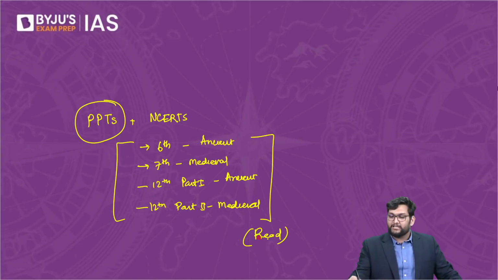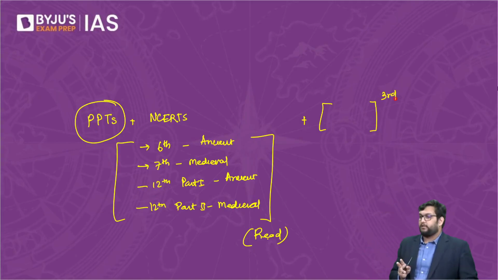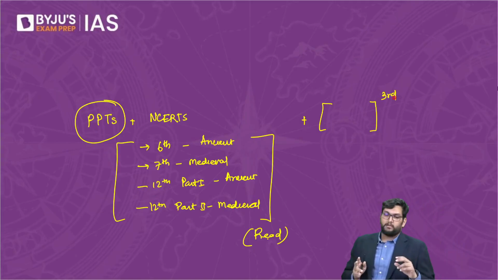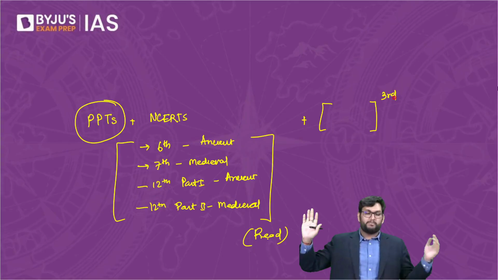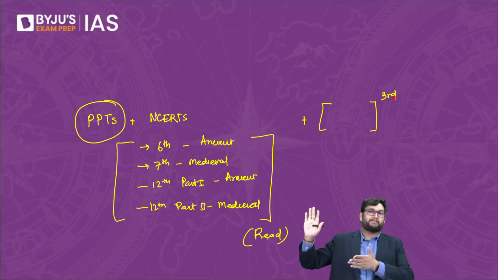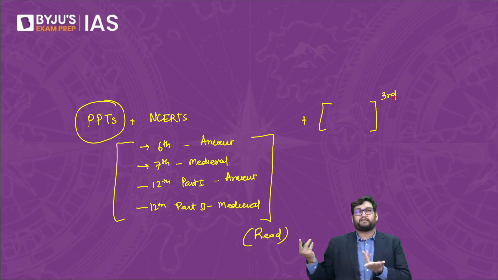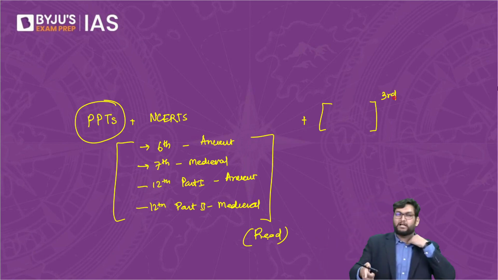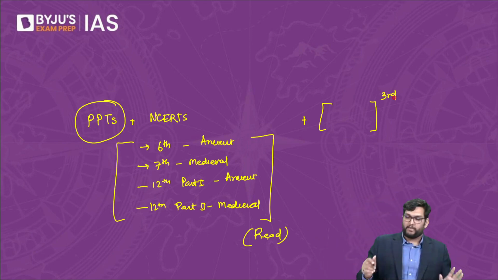Thereafter, the third option is totally your call. Modern is a separate issue altogether: PPT plus 8th class and 12th class part 3, and then the third book is Spectrum if you want to use it, or my book. Now the third book is totally your call. You can either use R.S. Sharma for ancient.